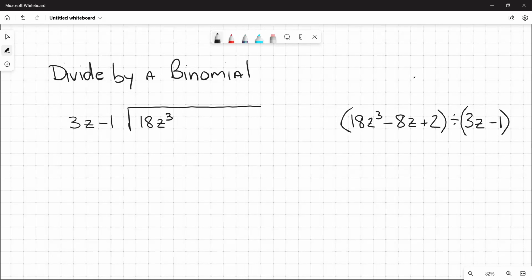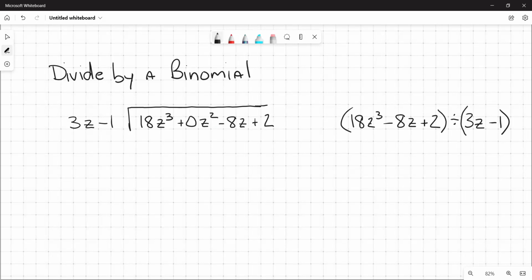When you rewrite this problem, we're going to rewrite it as 18z to the third. Now, since there's no z squared, we're going to add a 0z squared. What that works as is a placeholder when you're dividing. Now we go to our negative 8z and our plus 2.